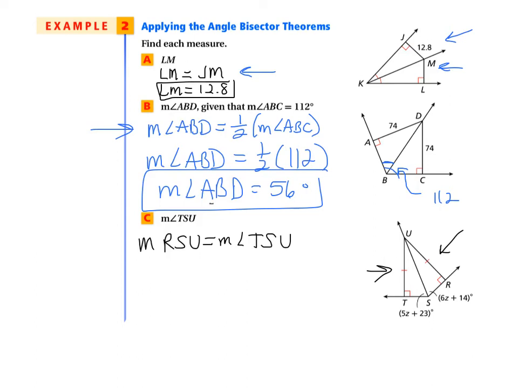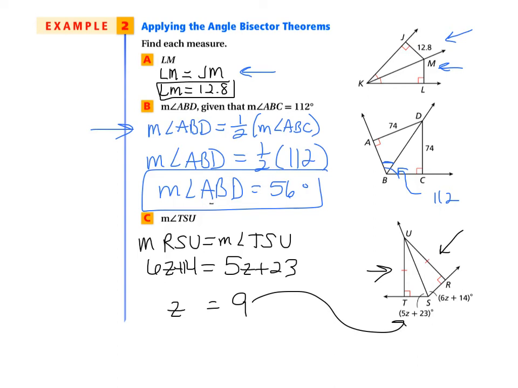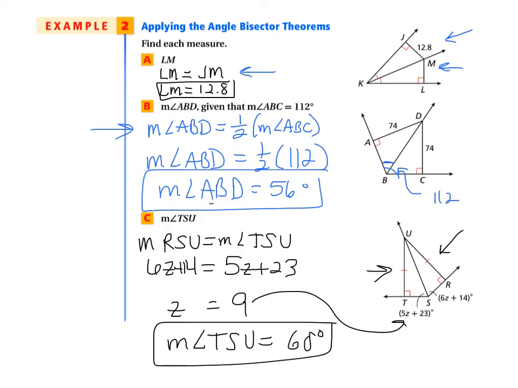Now by substitution, I plug in those values. RSU, which is 6z plus 14, equals 5z plus 23. That would give me z equals 9. I plug in the 9, and that would give me the measure of angle TSU as 68 degrees.